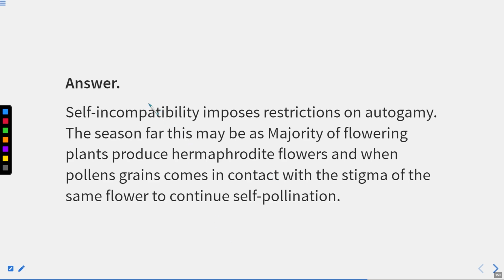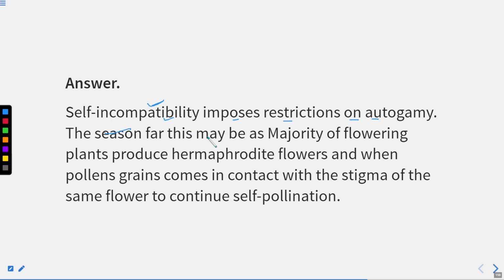Self-incompatibility, we already know, promotes cross-pollination and prevents self-pollination. Self-incompatibility imposes restriction on autogamy. What is the reason?